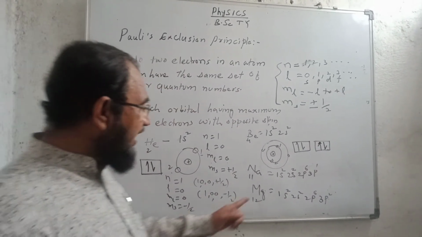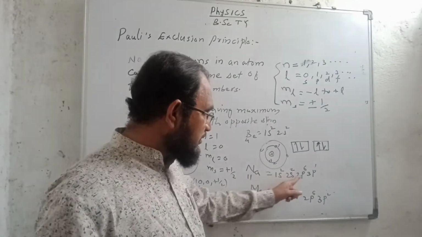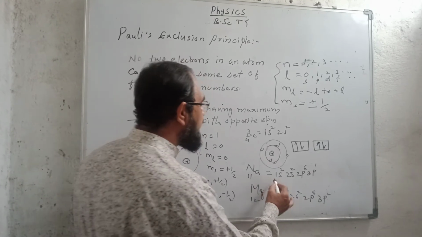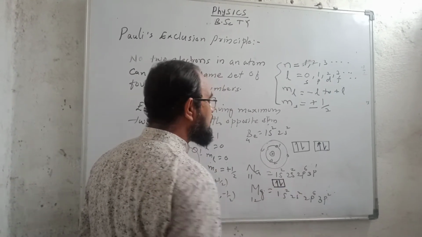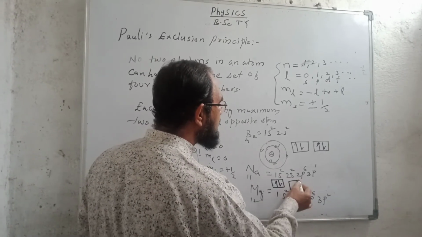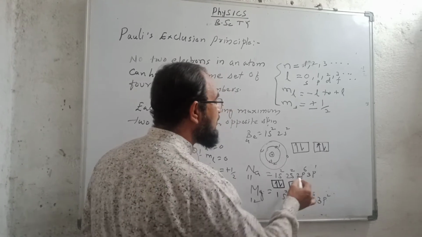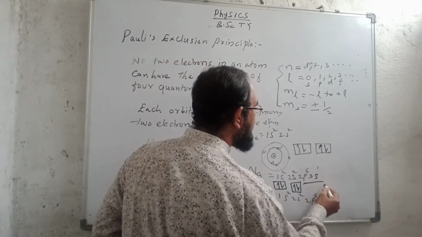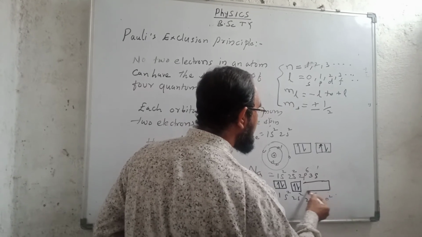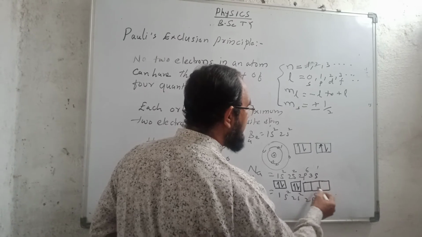Now if I take the example of sodium, 11 atoms, 1s2, 2s2, 2p6 and 3s1. So for 1s2 I will write here 2 electrons. For 2s2 I will write here 2 electrons with opposite spin. For 2p6 there will be 3 shells, 1, 2 and 3.